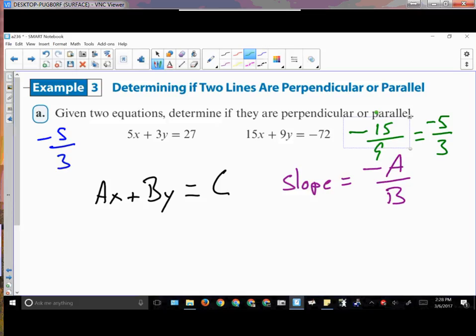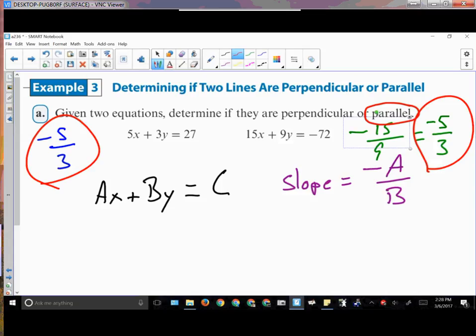So what are these to each other? Are they perpendicular or are they parallel? They would end up having to be parallel because the slope is the same. Easy enough? And if you know these little tricks, these little shortcuts, it's nice.